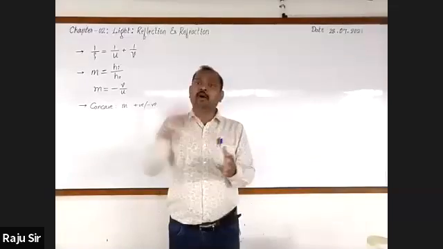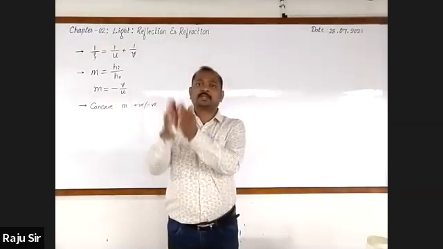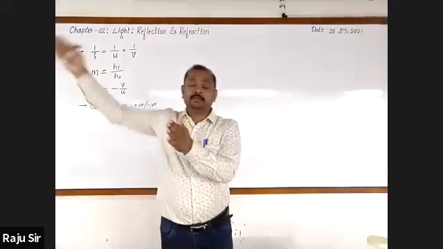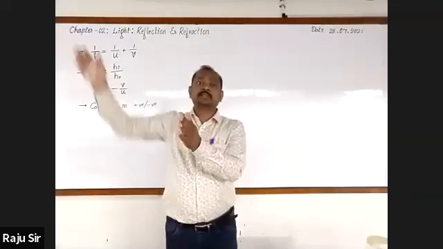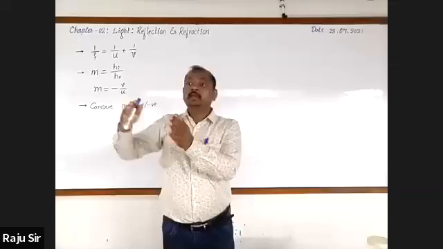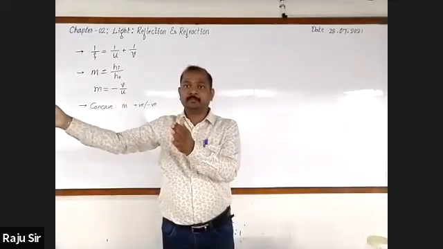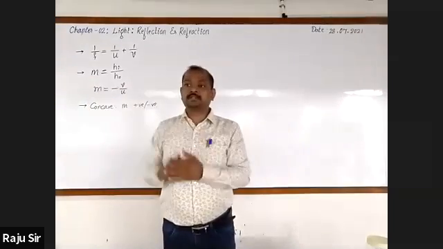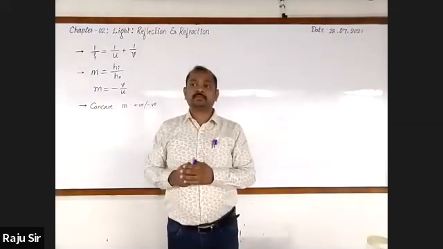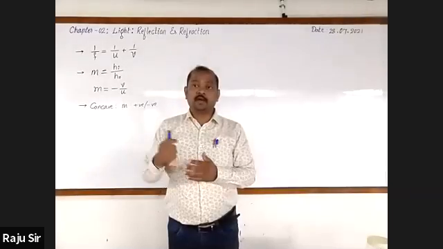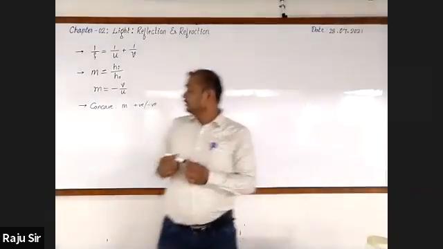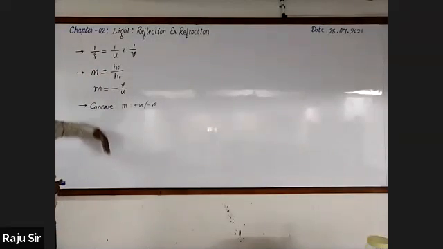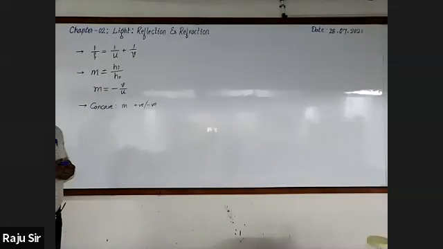Apart from this, in all other cases, you may place the object at F, or between C and F, or at C, beyond C, even at infinity. In all the cases, the image is formed in front of the mirror only. There, the height of the object is positive, the height of the image will be negative, right?